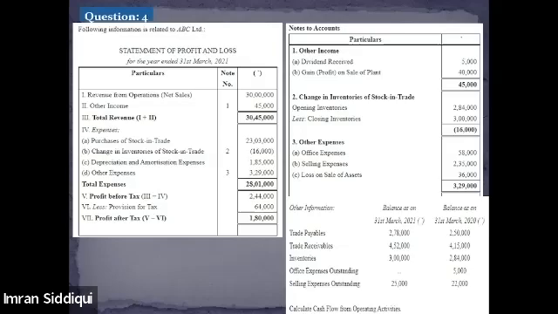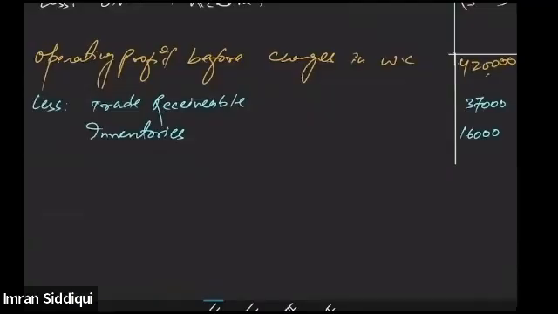Apart from this, what else is given? We have office expenses. Earlier it was 5,000. Now there is no office expense outstanding. That means we must have paid office expense, so there must be a reduction in the cash.